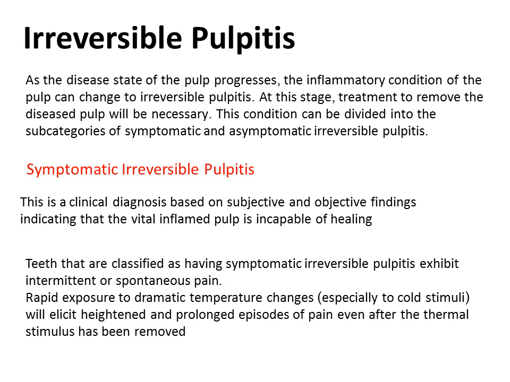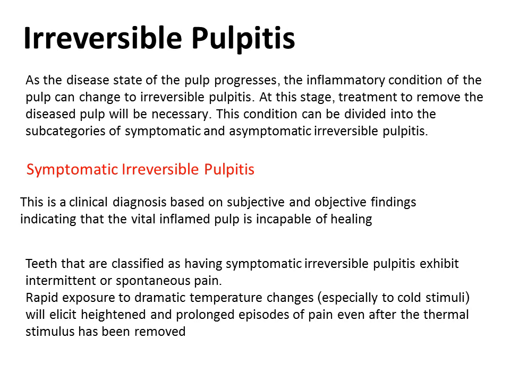For symptomatic irreversible pulpitis, this is a clinical diagnosis. Again, it is based on subjective findings, what the patient is telling you, and the objective findings that you find during your diagnosis. You have your own diagnostic tools. So the vital inflamed pulp is incapable of healing in case of irreversible pulpitis.